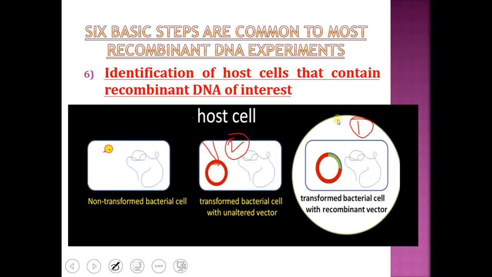And the third possibility, the host cell will not take any plasmid, either a normal plasmid or the plasmid having our gene of interest. So out of these three, we want these host cells to multiply, so we can get multiple copies of our gene of interest.